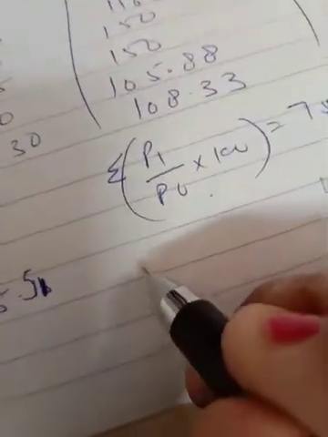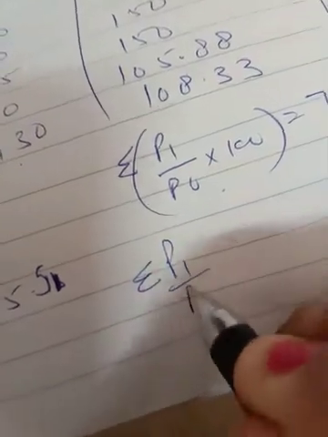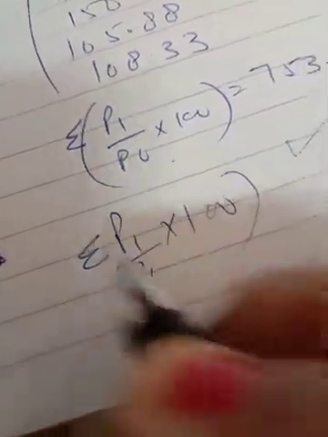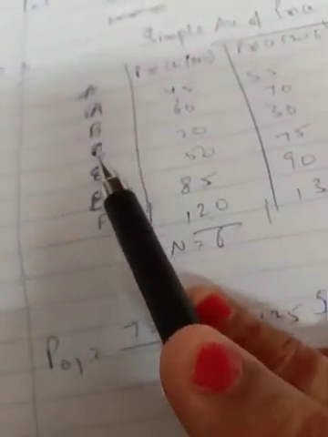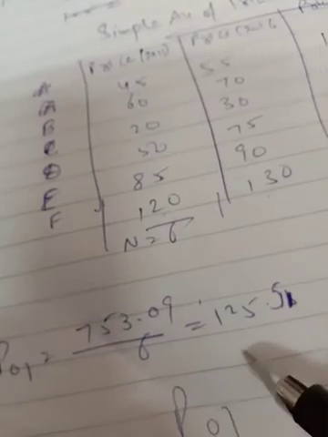The formula for the index number by the simple average of price relative is sigma P1 by P0 into 100, divided by n. You divide the total by 6, since there are 6 products A, B, C, D, E, F, and then you get the answer.